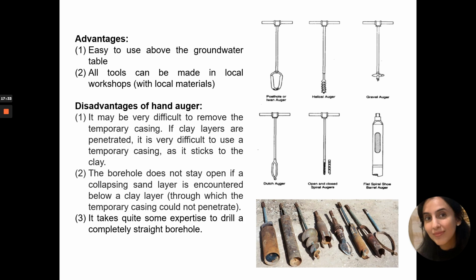The boreholes do not stay open if a collapsing sand layer is encountered. So kalau ada macam sand layers in between the layers of soil, dia maybe akan terjatuh balik dekat dalam lubang tu. So dia susah kalau ada sand lah, dia akan tertutup. It takes quite some expertise to drill a completely straight borehole.